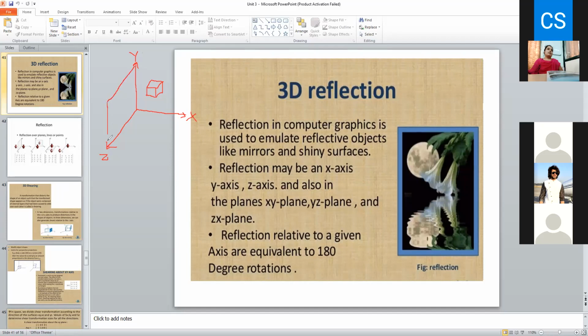This is your yz plane, right? Or I will extend it on the other side so that it will be easier for you to understand. This object is lying on the right hand side of this yz plane. All of you agree with this?